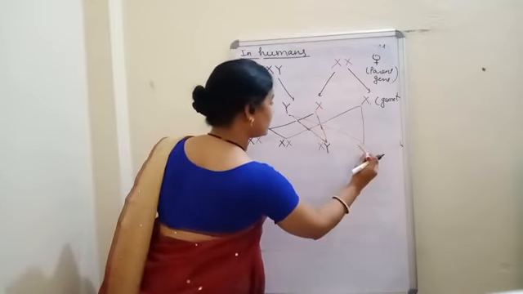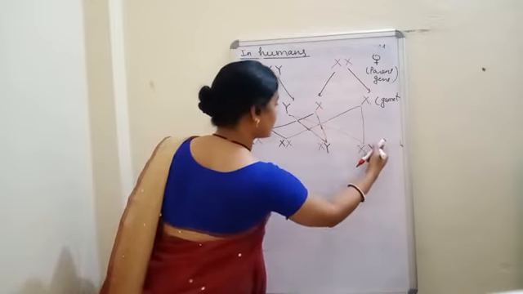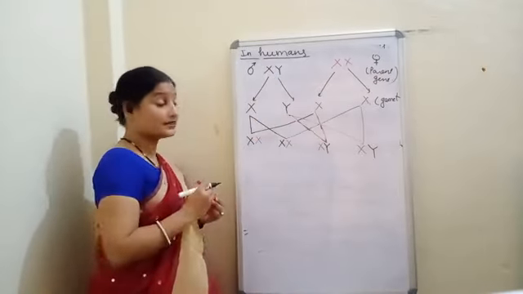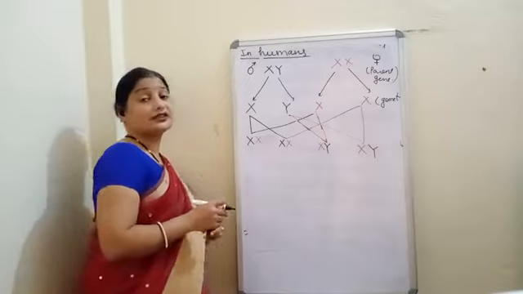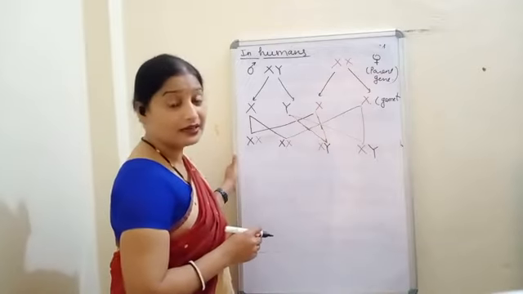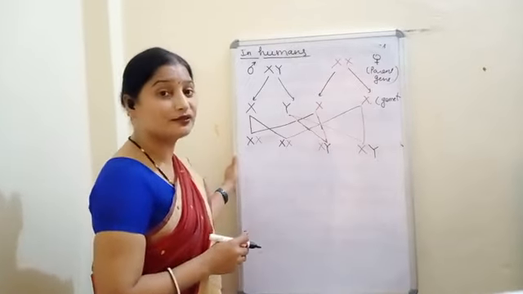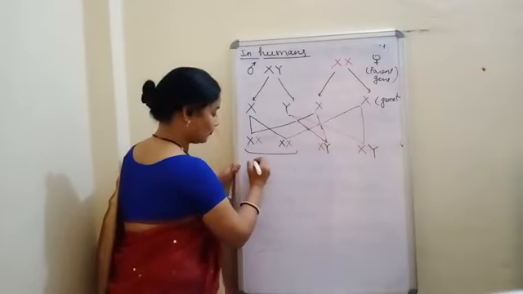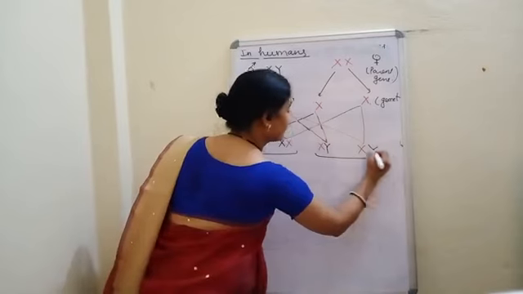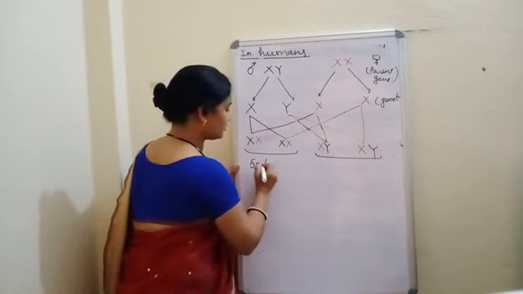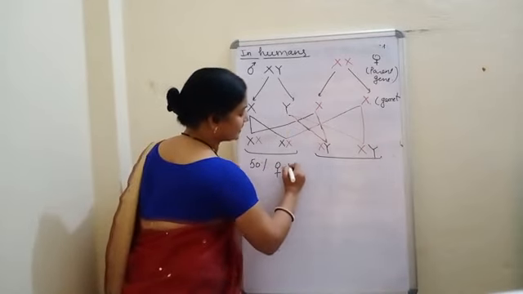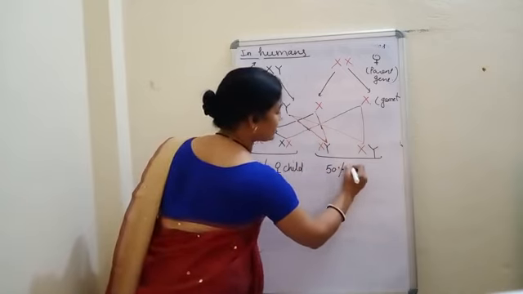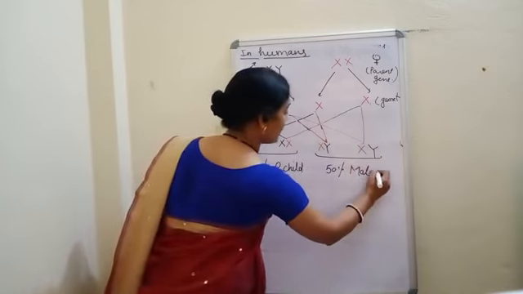What will be the result? X and Y. Understood? Now see, X and X always form female and X and Y always form male. So this too is X and X. So what is the possibility? 50% possibility of a female child and 50% possibility of a male child.